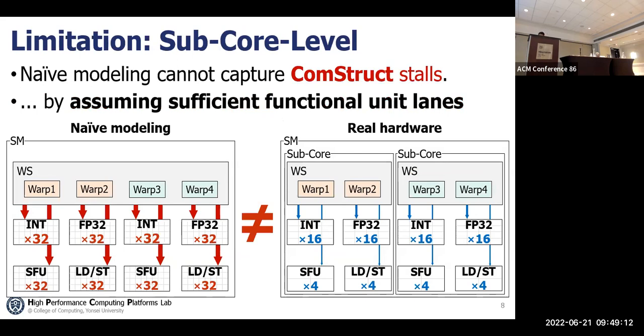First, MDM does not consider the subcores and the resulting compute structural stalls. A modern GPU SM can issue multiple warp instructions per cycle, but an SM partitions its computational resources into subcores. The limited functional unit lanes can incur compute structural stalls, as it now takes more than one cycle to issue an instruction.